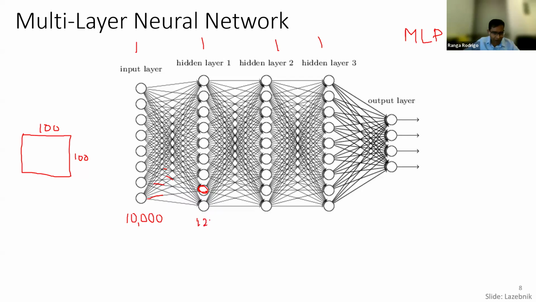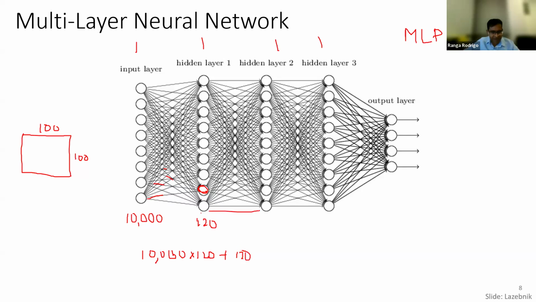How many weights are there? For each of the 120, there are 10,000 connections to be made. So you have 10,000 times 120 weights. And of course, for each of these nodes you'll have a bias, so therefore 120. This is the total number of weights in that layer.